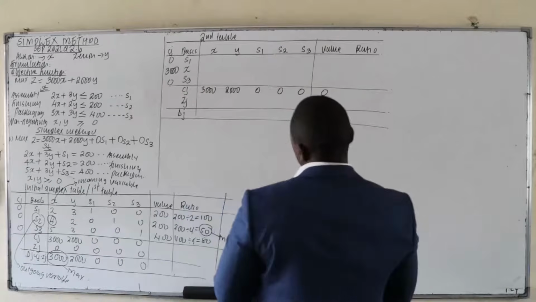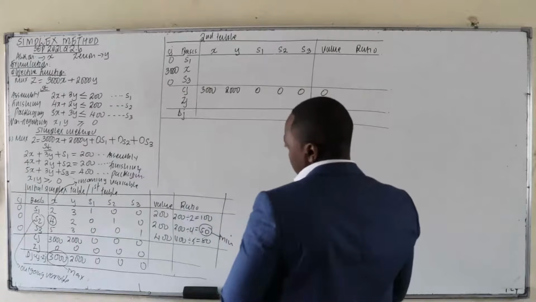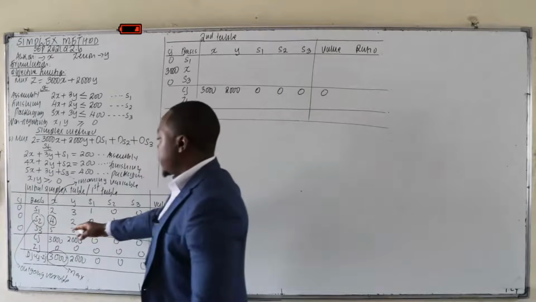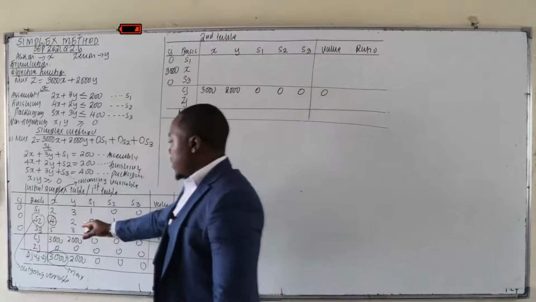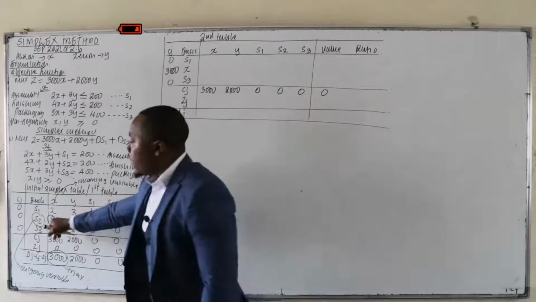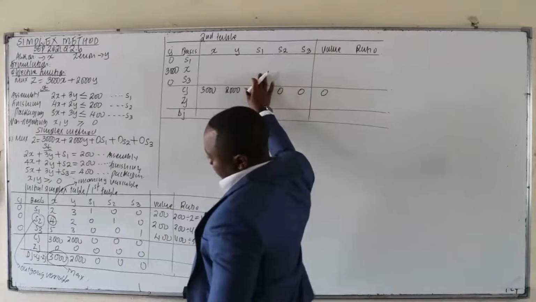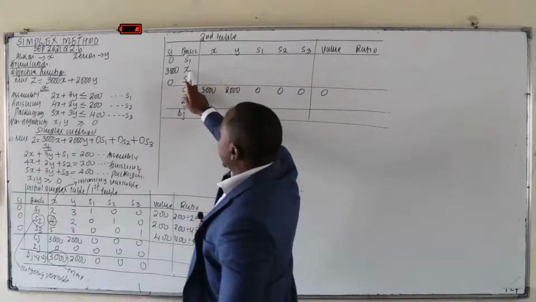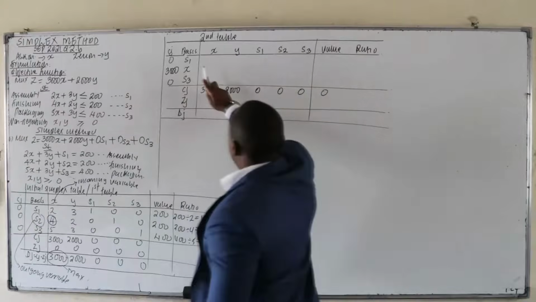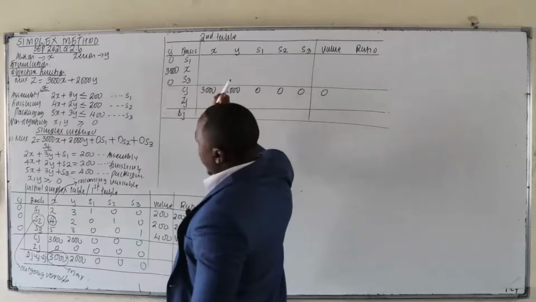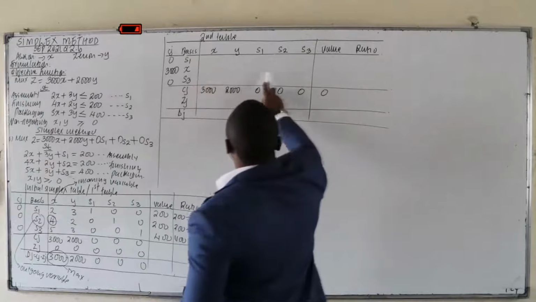Now here you need to pay maximum attention. We have the pivot from the basis element, which is S2. This row will form our new row element in the second table. And how do we get that? The basis S1 and S3 remain, but X is a new variable here, so it becomes the new row element.